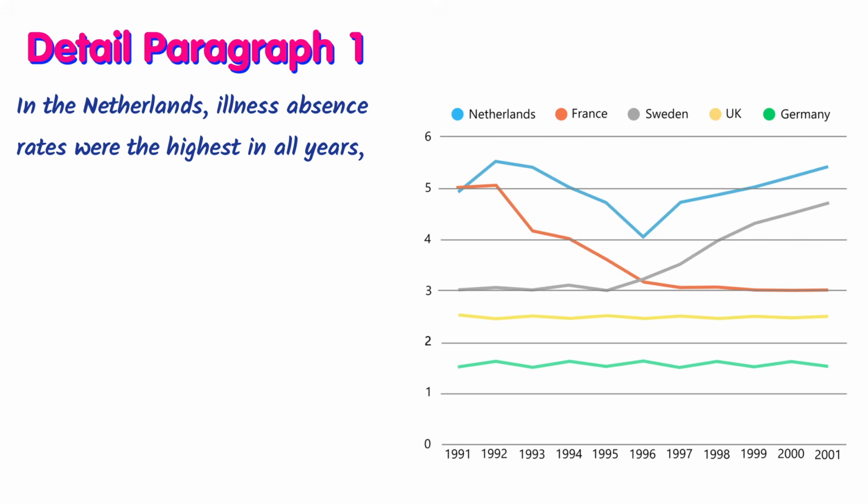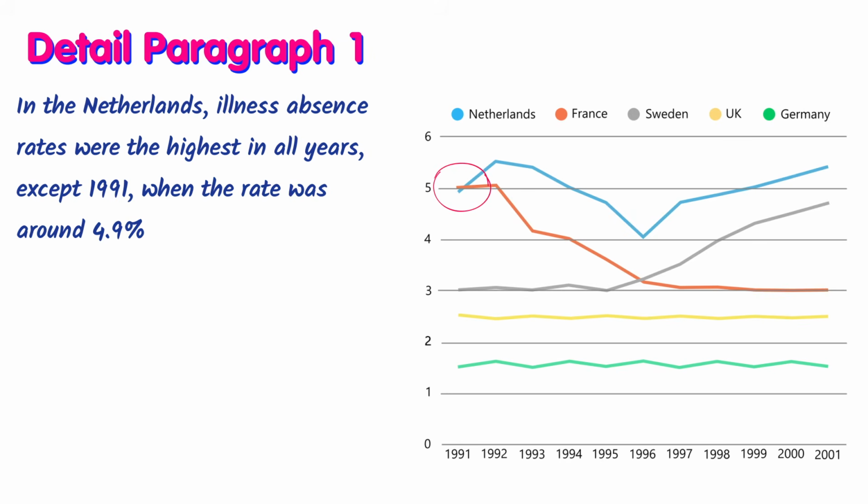You remember, we worked a lot on writing line graphs before in our previous videos, except in 1991, all right, when the rate was around 4.9%, slightly below France's 5%. So here I make a comparison between France and the Netherlands.